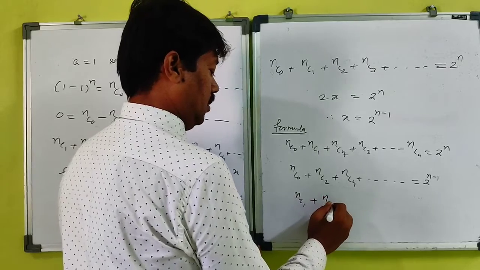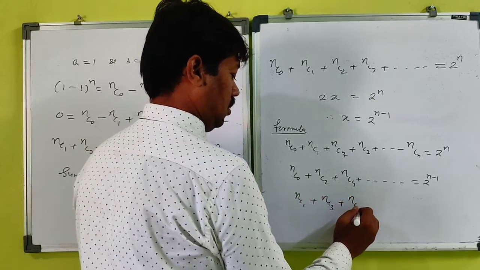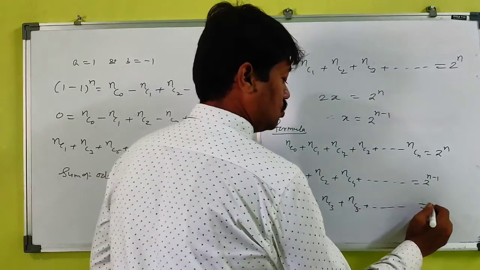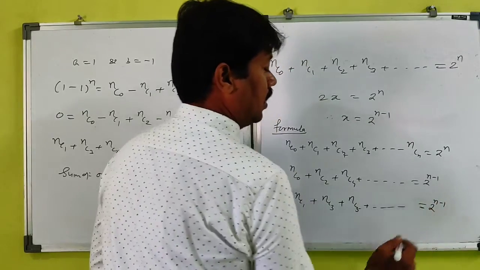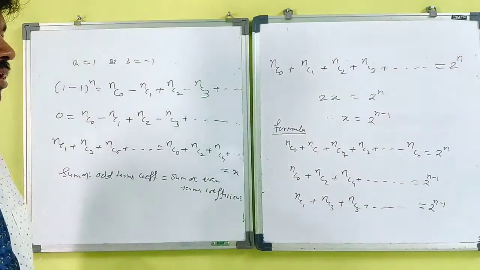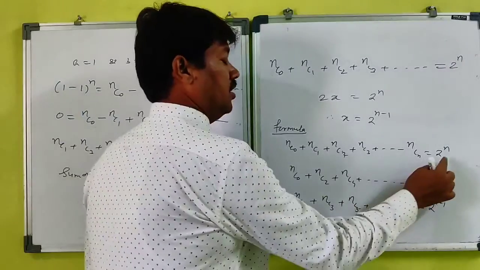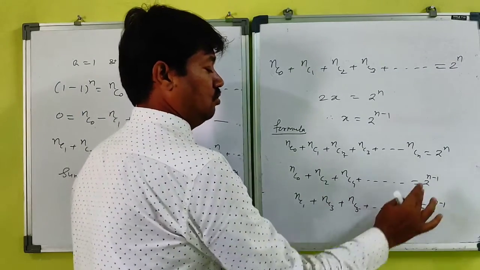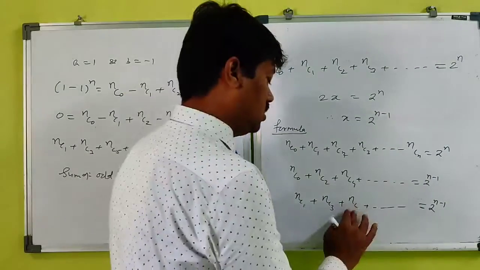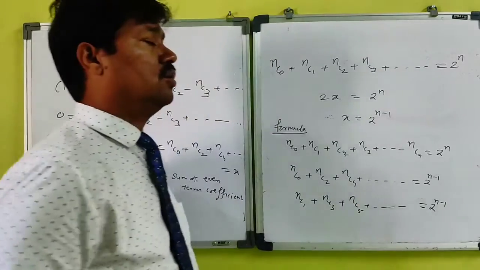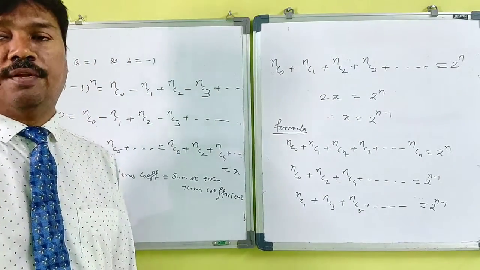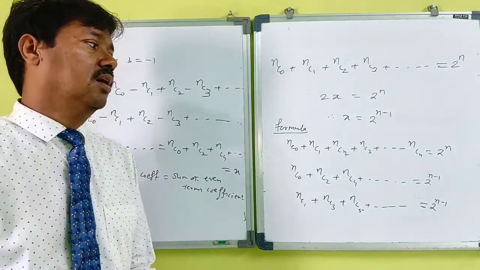Though the sum of all is 2 raised to n, only even it is 2 raised to n minus 1. So that is the expression.